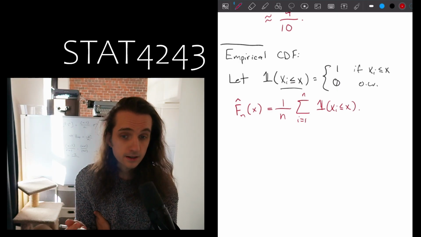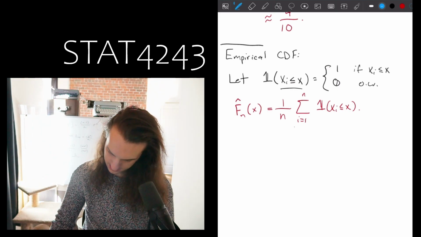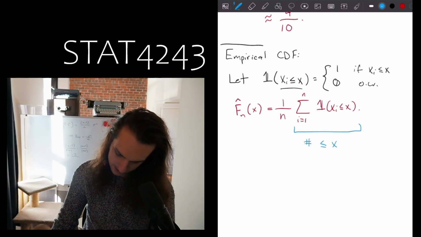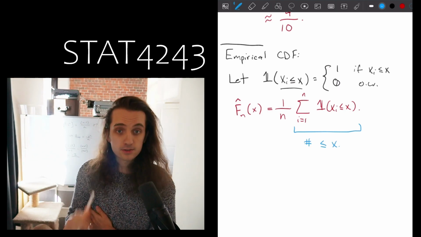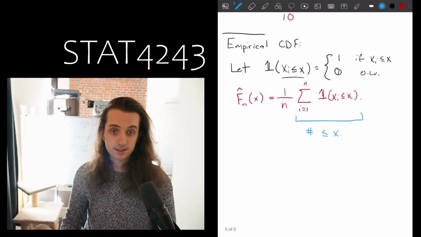And so what we're doing here is counting up how much of our sample with this summation. This is going to give us the number less than or equal to x, right? And then we divide by the total number to give us the proportion, right? So this is exactly what we were doing up here. It's just written out in this notation.